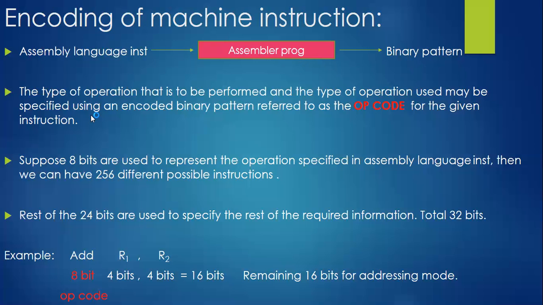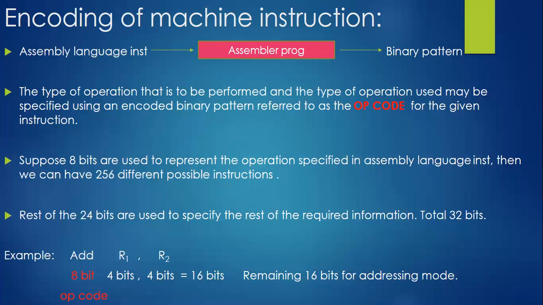Now we'll see in what manner it will be converted. The type of operation to be performed may be specified using an encoded binary pattern referred to as the opcode for a given instruction. In our example, ADD R1, R2, the ADD instruction should be represented in some other format so that your system can understand that we need to perform an addition operation between R1 and R2.